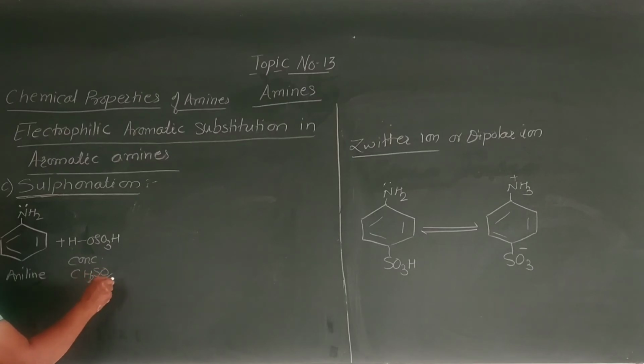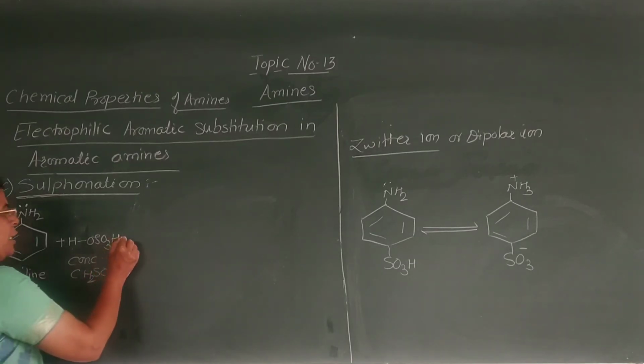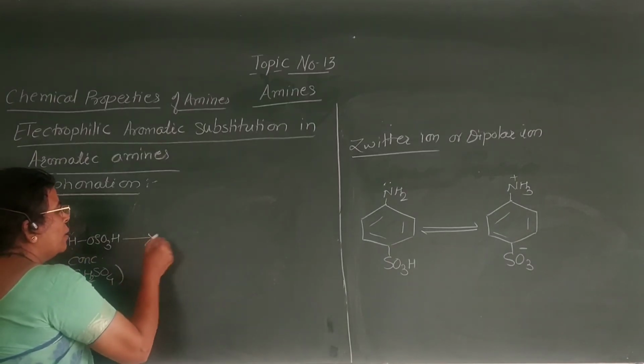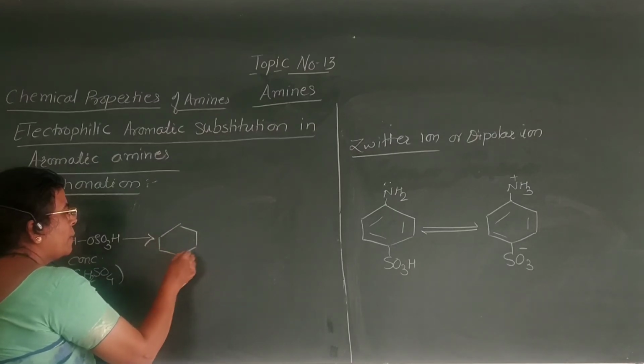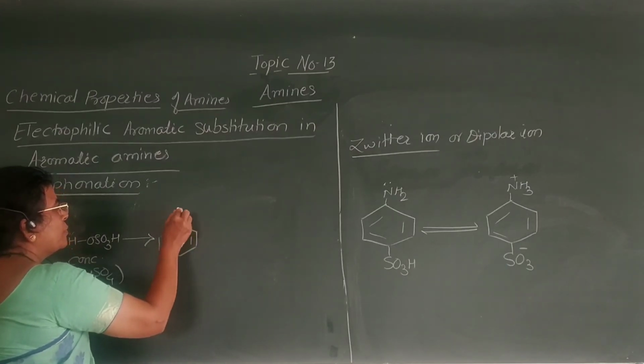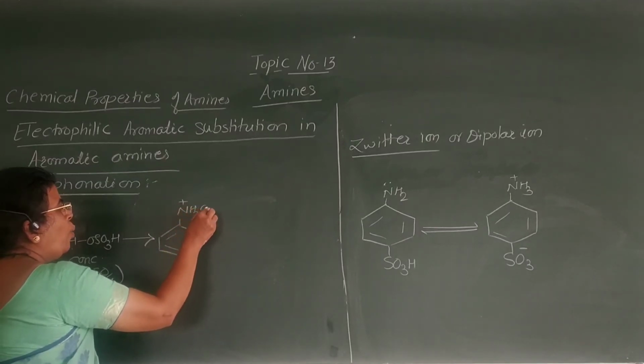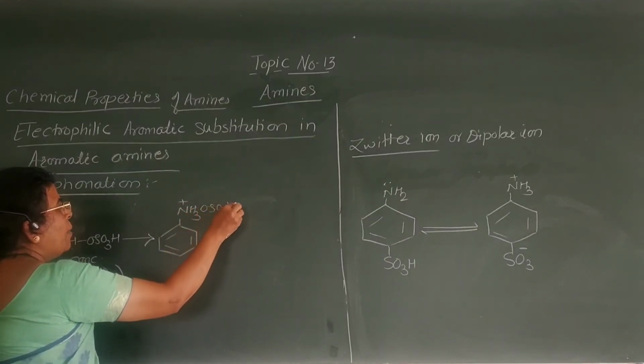When the reaction between this aniline and concentrated sulfuric acid is carried out, it is an acid-base reaction. This lone pair of electrons gets protonated by the concentrated sulfuric acid to form NH3 plus and OSO3H minus.